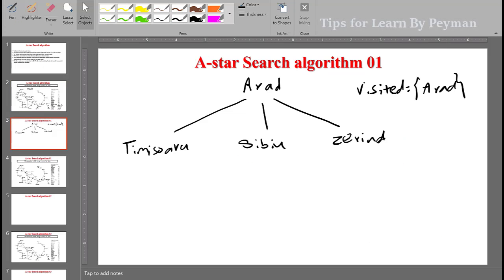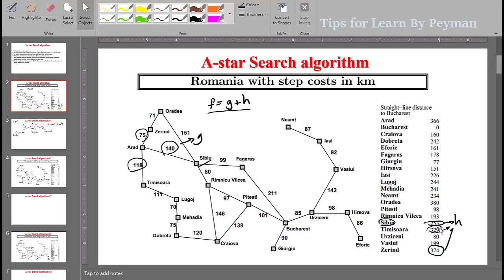We have here our function f equals g plus h. Between Arad and Timisoara we have 118, between Arad and Sibiu we have 140, and between Arad and Zerind we have 75. These are the g numbers. So if you want to calculate f, we have 118 plus the numbers that have been written here.